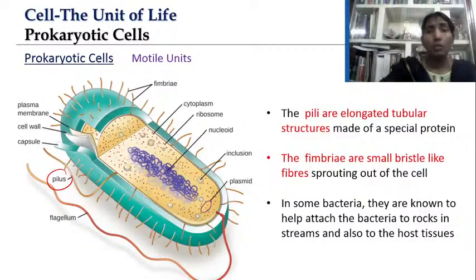Okay, fine. Now when you look into the pili, they are elongated structures. They are called hollow, narrow, protoplasmic outgrowths.